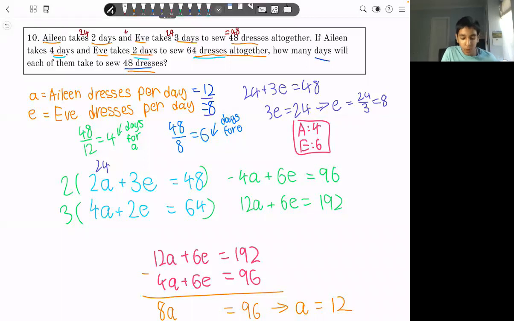Now, if Eileen takes 4 days, 4 times 12 is 48. Eve takes 2 days, 2 times 8 is 16. You add them up and you get 64, which is correct. Therefore, our answer is correct. After that, the calculations to get the number of days for 48 dresses were pretty easy and straightforward.